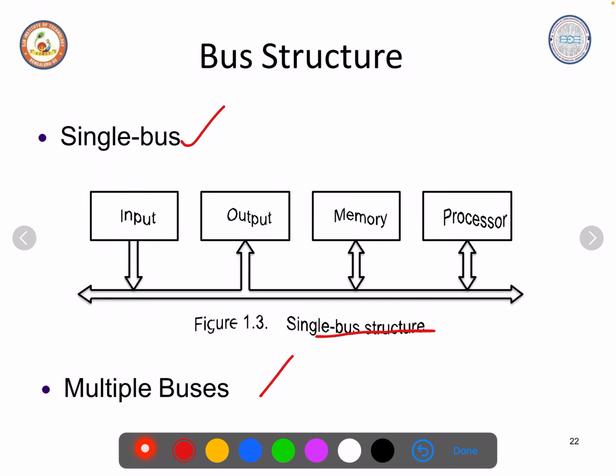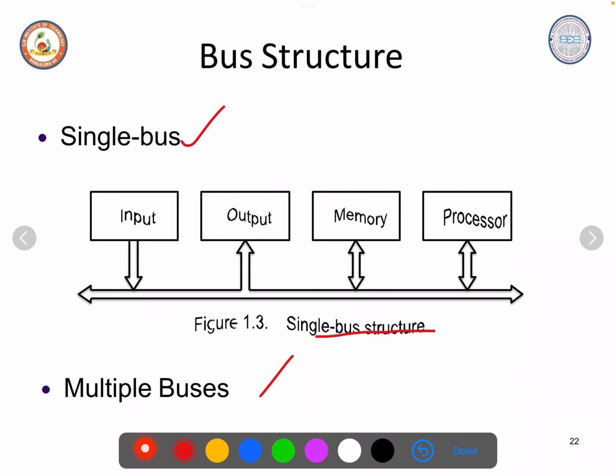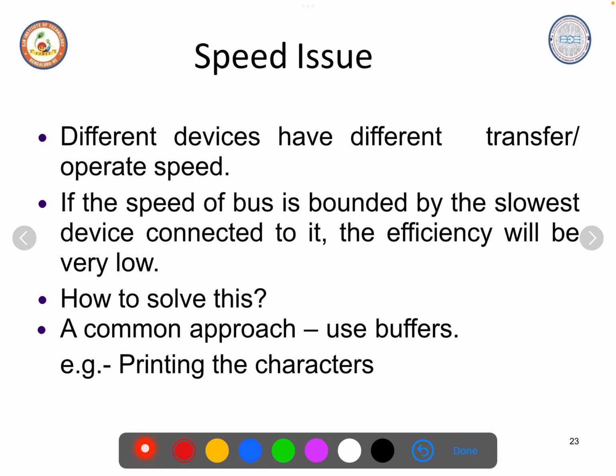As I have told you, a bus is a group of lines that serves as a connecting path for several devices. Coming to multiple buses, instead of a single bus you will have multiple buses.